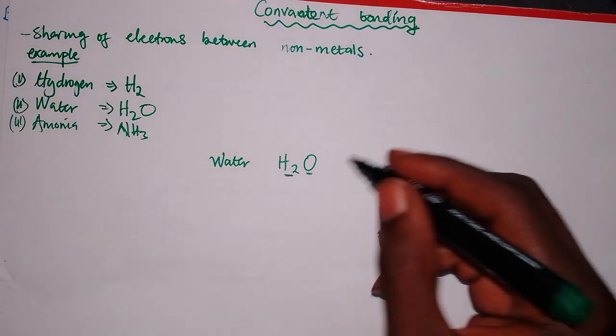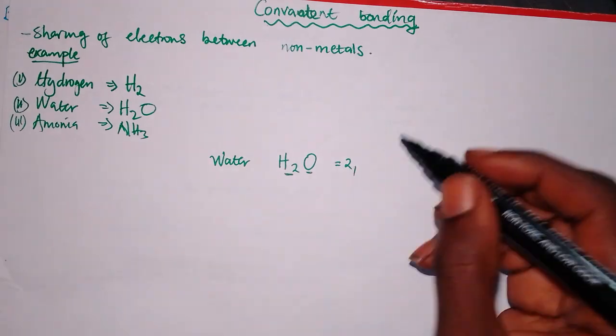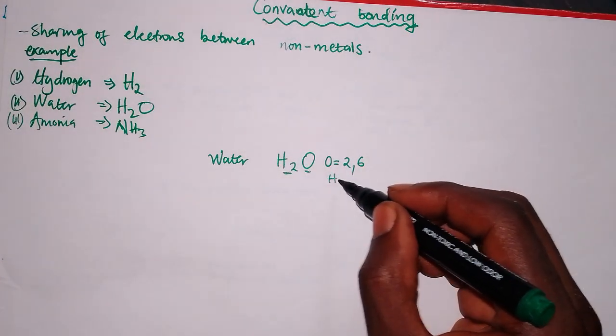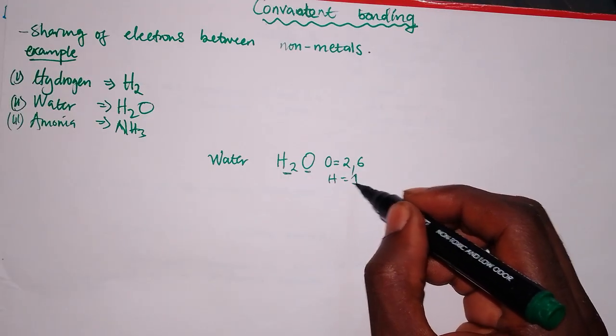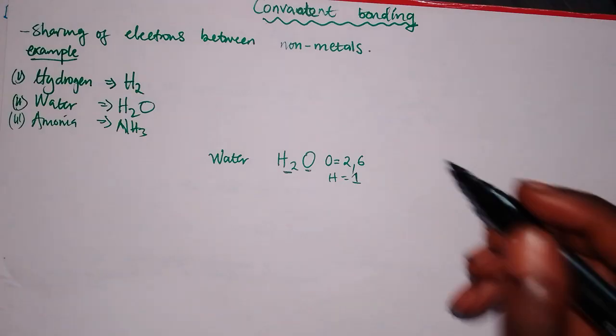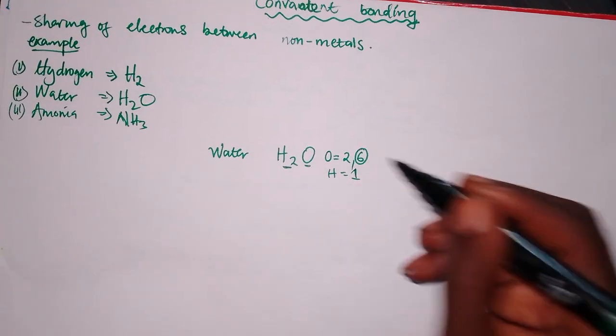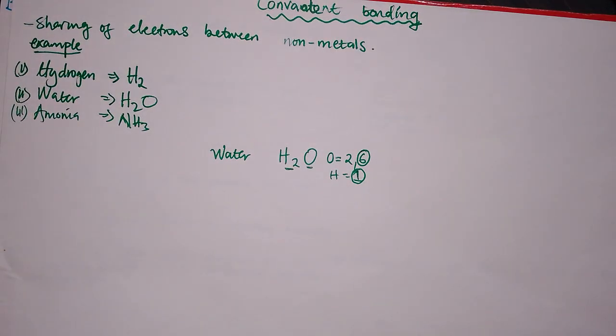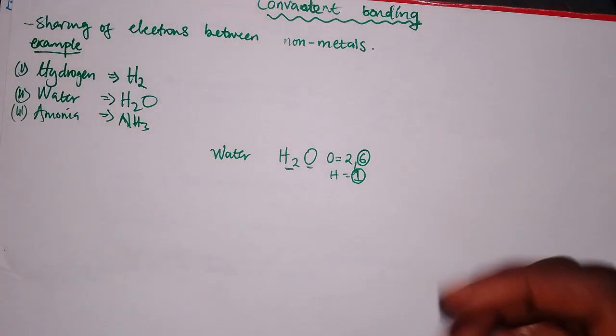Meaning in its first shell it has 2 electrons, while in the second shell it has 6 electrons. Hydrogen has only 1 electron. The second thing I told you is we only consider the electrons in the outermost shell, so the only electrons we are going to consider are 6 and 1.